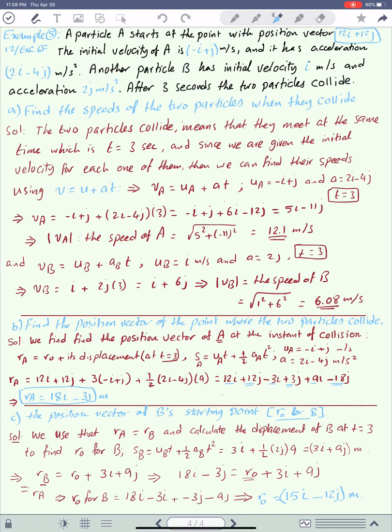So you are given r0 for the particle A and its velocity and its acceleration. Another particle now, B, has initial velocity I meter per second and acceleration of 2j meter per second squared.